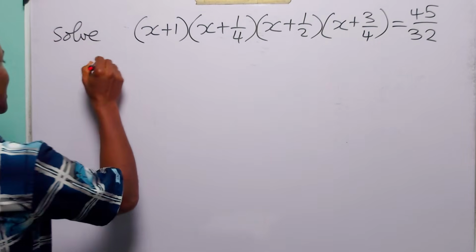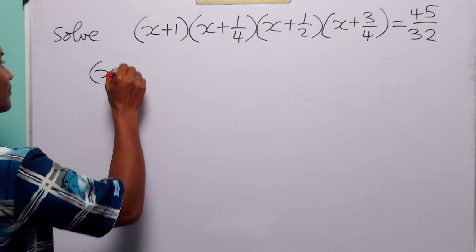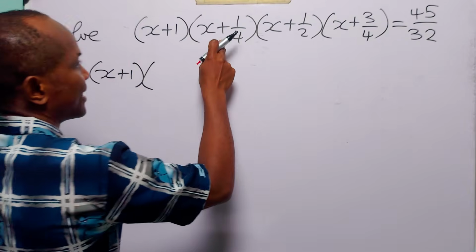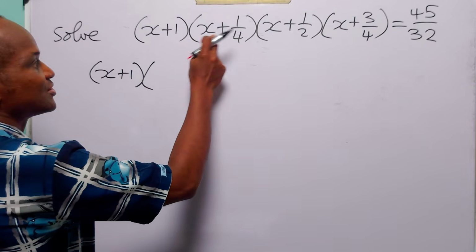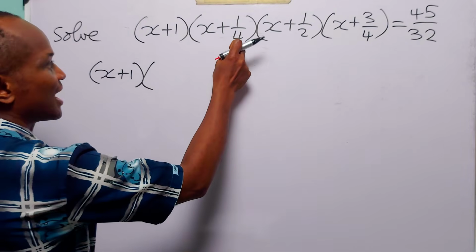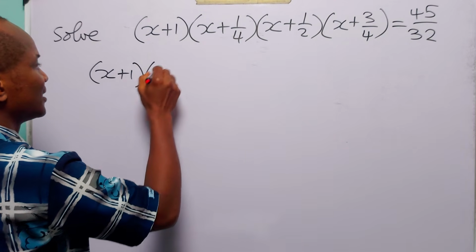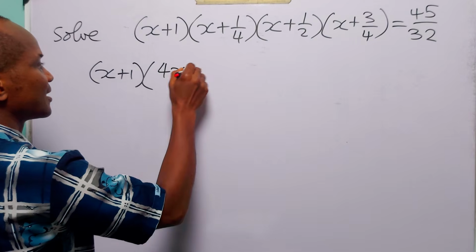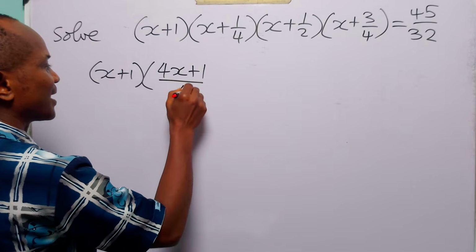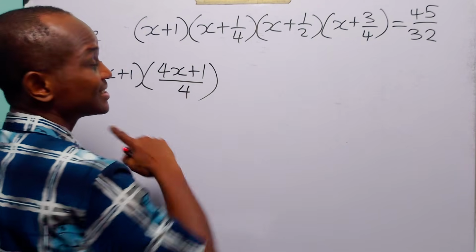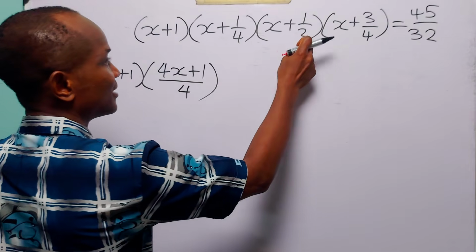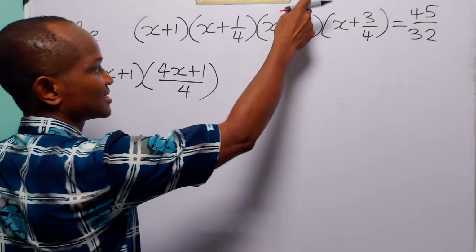Now, here we have x plus 1. To combine these two into one single unit, we have 4 times x, that is 4x, then plus 1. So this is (4x plus 1) divided by 4. Now, in this case, we do exactly the same thing. 2 times x is 2x plus 1.